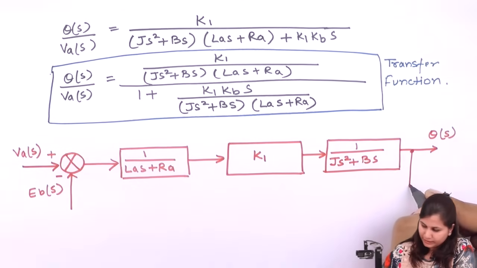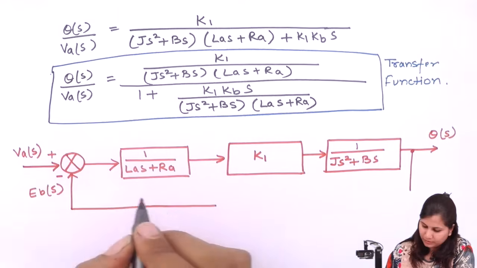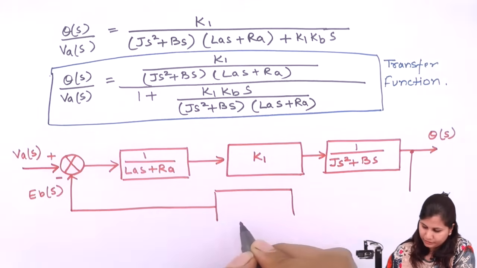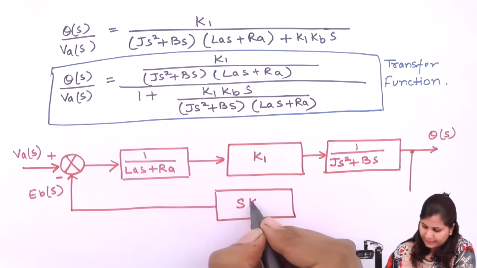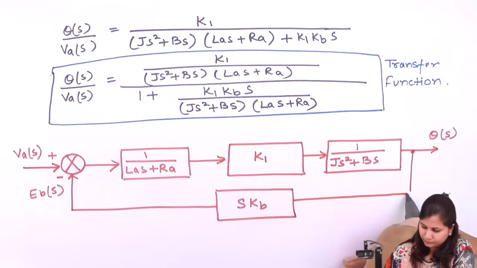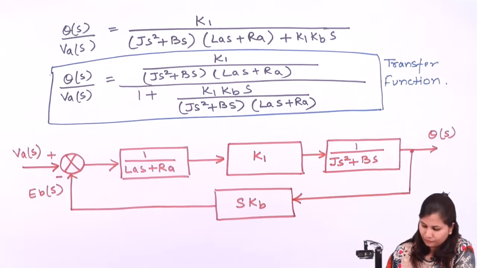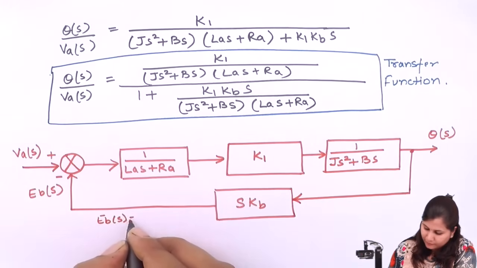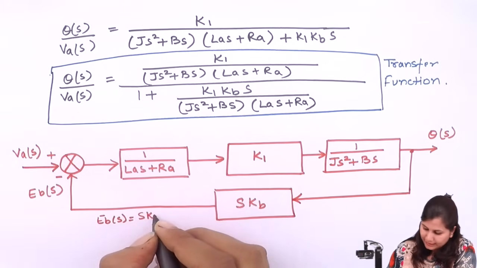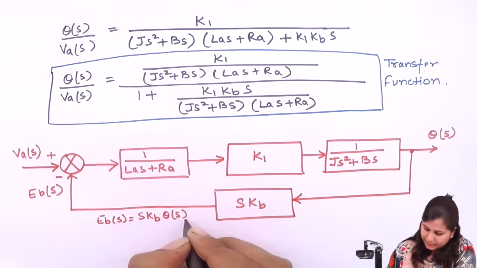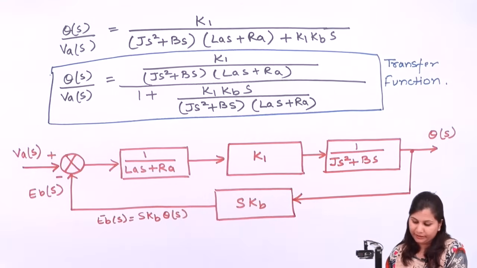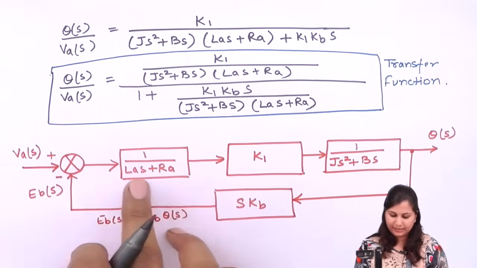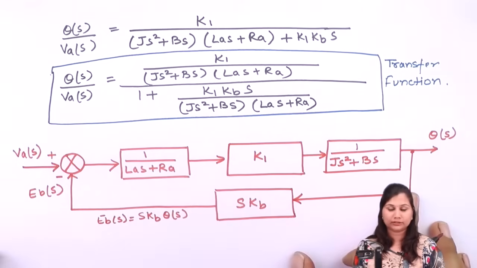Now this output is fed back to this error detector and it is multiplied with S KB. So we get the equation EBS, which we have obtained earlier, S KB theta S. What theta S was, it was VAS multiplied with all these transfer functions.